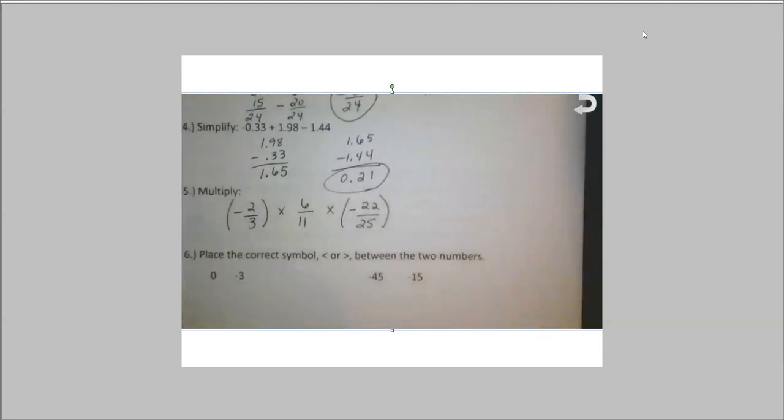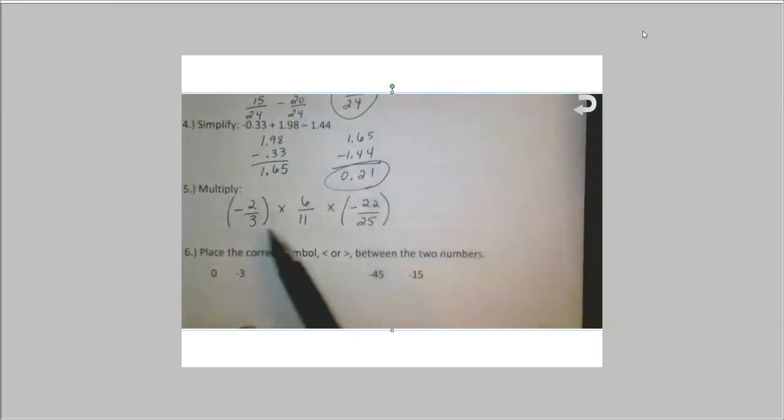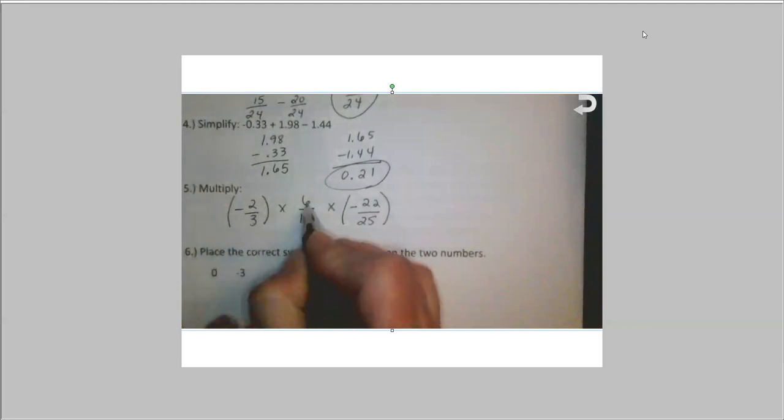Okay, so what I mean by that is we can always reduce fractions up and down or diagonally. Okay, if there's anything that could be reduced diagonally, we can do that first. So either you can multiply and reduce, or you can reduce first and then multiply. So here's what I mean. 3 will divide evenly into 3 and 6.